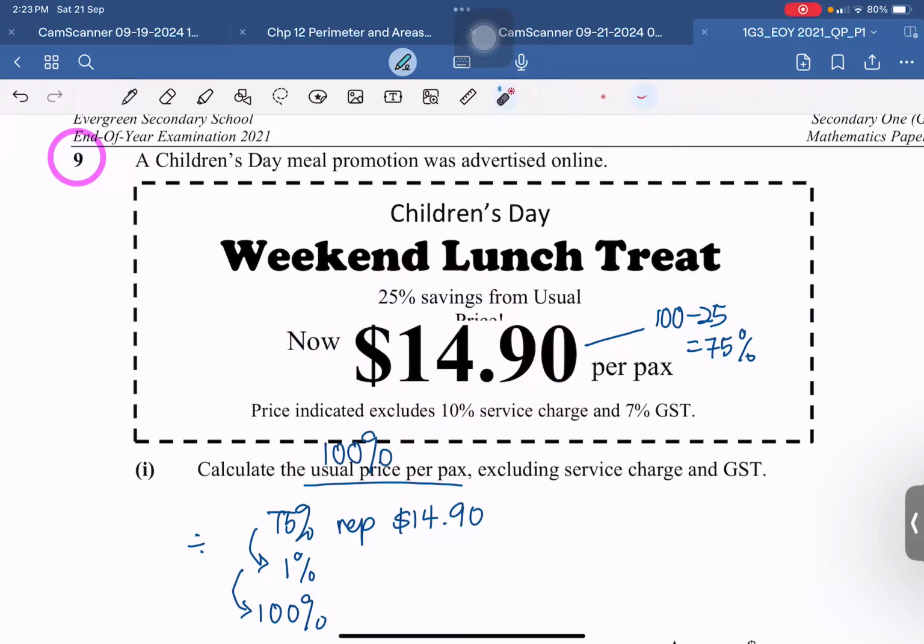If these are the numbers that are 100%, that means this one cannot be 100%. It will usually be the one where they say after a discount or they have some rebate, or after GST or whatever. So this number will not be your original 100%. The 100% is the one that they say usual price, original price, marked price before discount, and so on and so forth. Okay, is it okay? Got a little bit better of the idea?